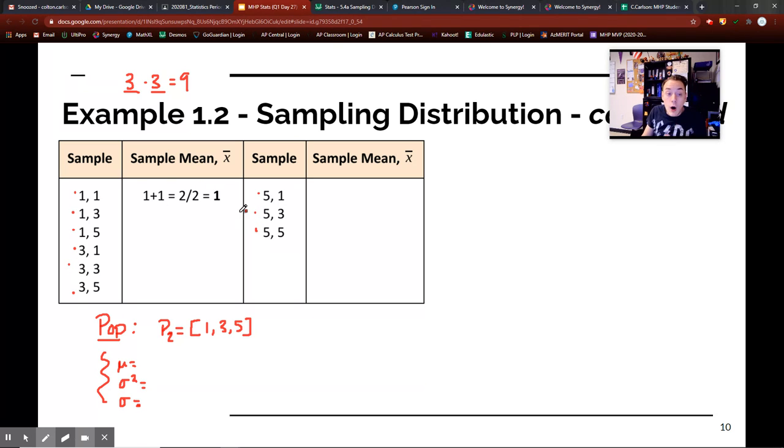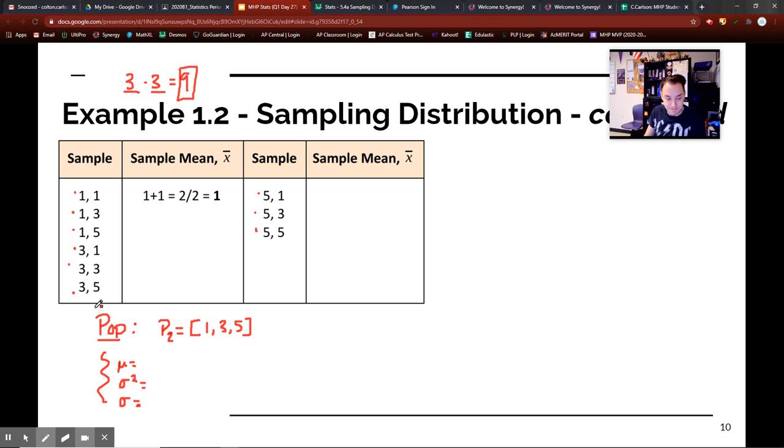So you know that there's going to be 9 different samples that you can have. And they are with replacement because 5 and 3 is the same thing as 3 and 5 right here. That's just true, right? 5 and 1 is the same thing as 1 and 5. So that's why it's with replacement, and that's how I know it is 9 different total numbers.